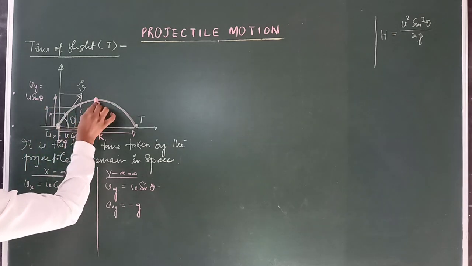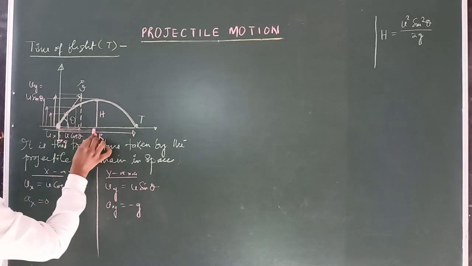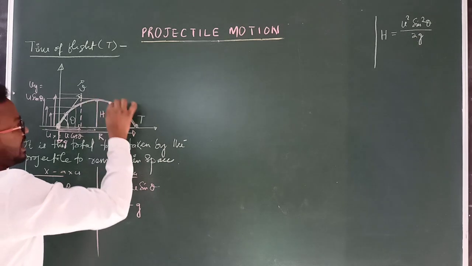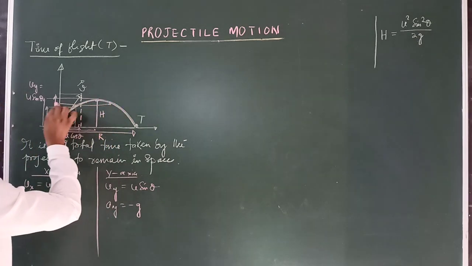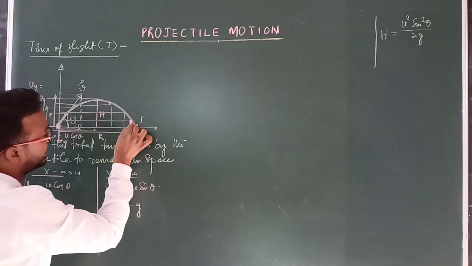Similarly, when the particle reaches the maximum point, it travels along the y-axis and along the x-axis. Clear? And again the particle moves downward, again at this point y decreases, x increases, again y decreases, x increases.